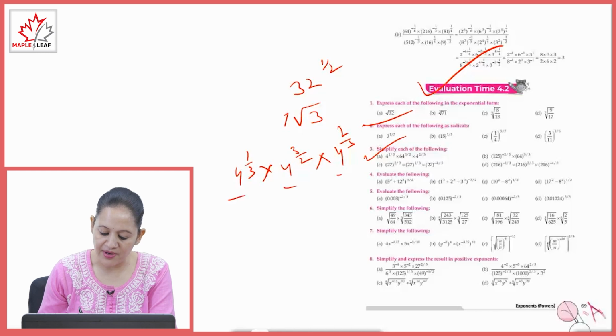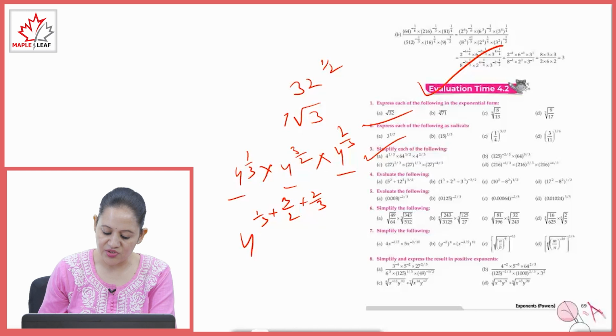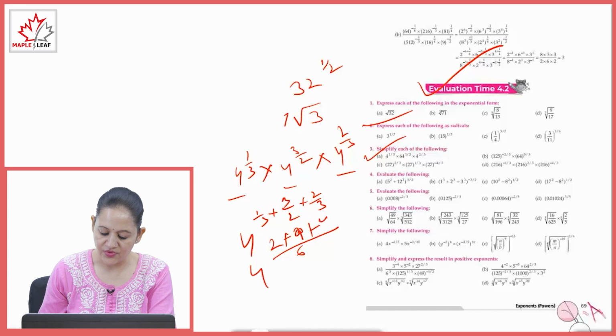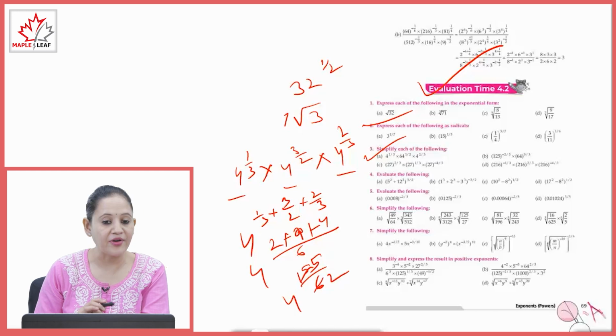Now बेस सेम है, हम पावर्स को ऐड कर देंगे. 4 is to power 1/3 plus 3/2 plus 2/3. Clear? So that is equals to LCM ले लेंगे 6. So that is equals to 4 is to power 15/6. That is equals to 4 is to power 5/2.